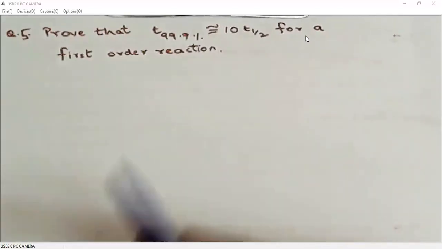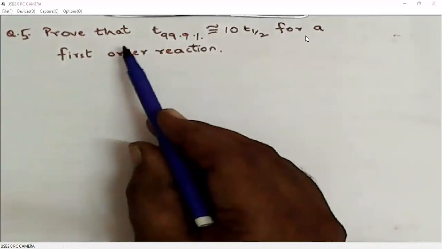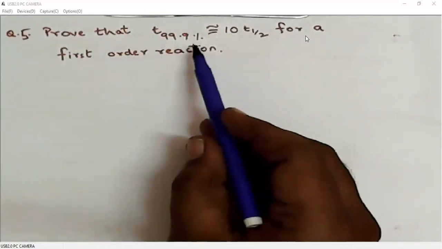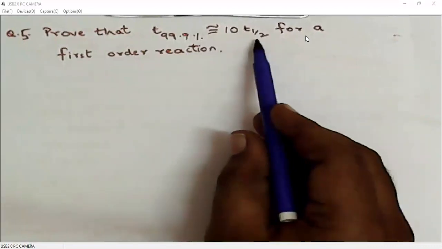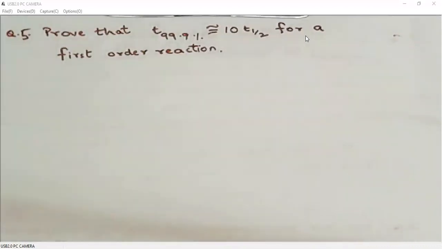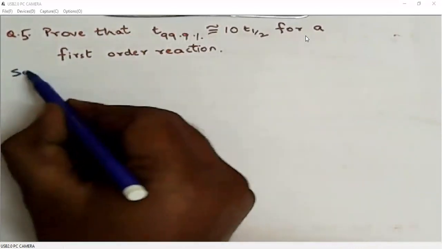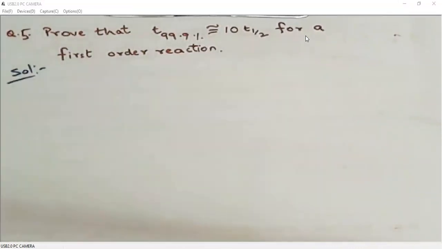Now we will see the next problem. Prove that T 99.9% is equal to 10 times T half for a first order reaction. How do we solve this? Right.